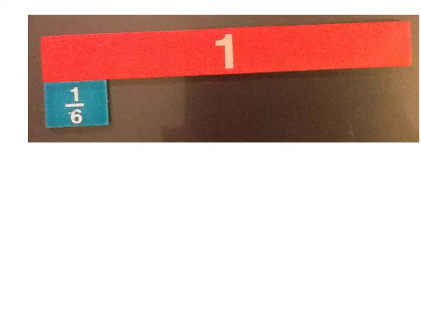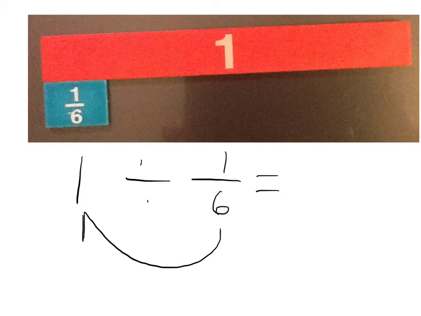Okay, pause this and let's write this problem under your practice section. This says we have 1 whole. We are dividing it by 1/6. How many 1/6 pieces are in 1 whole? So pause this video and go to the practice section on your guided practice sheet to find this answer.